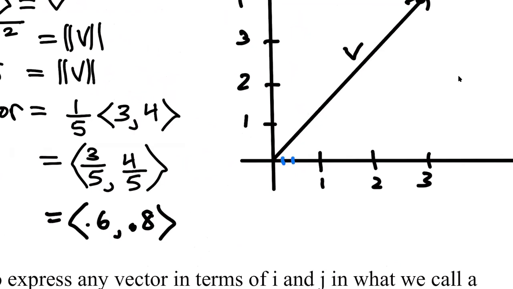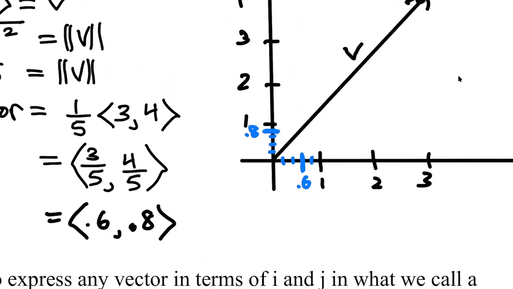So 1, 2, 3, 4, maybe a little bit more like there. And then 1, 2, 3, 4. All right, so 3/5, 4/5, or I can say 60%, 80%, however you want to do it. This one is the 0.6, and this one would be the 0.8.